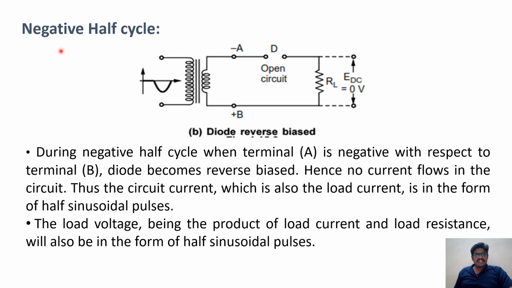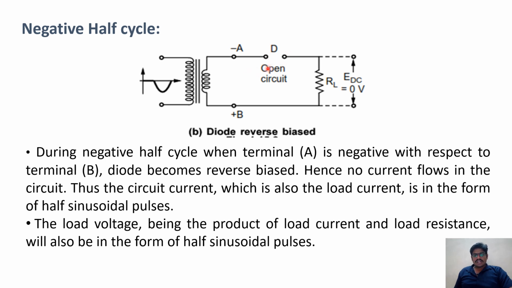Now look at the negative half cycle of the AC supply. Terminal A is now negative and terminal B becomes positive, so the negative supply is connected to the anode and the diode D is reverse biased. In reverse bias operation, the diode is like an open switch and does not conduct, so the circuit becomes an open circuit.